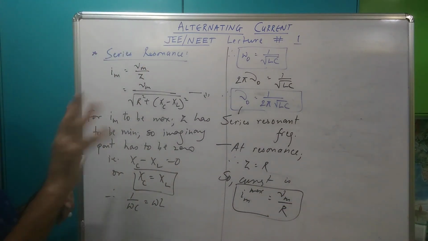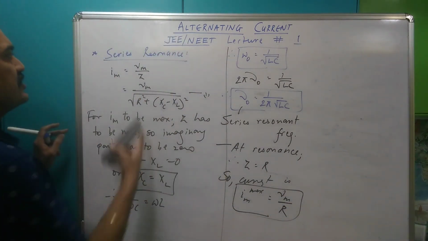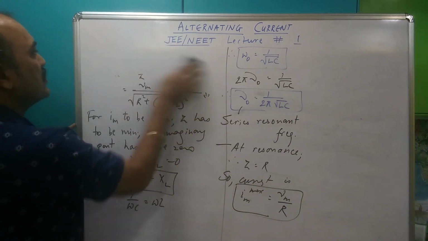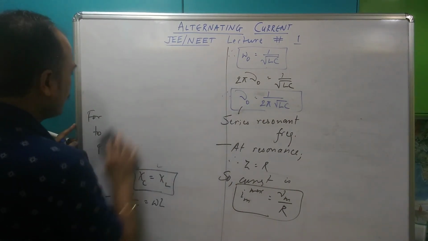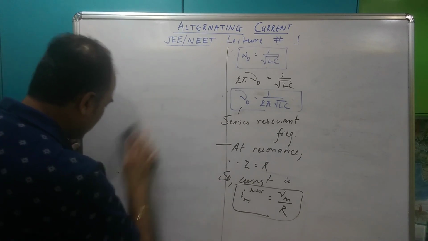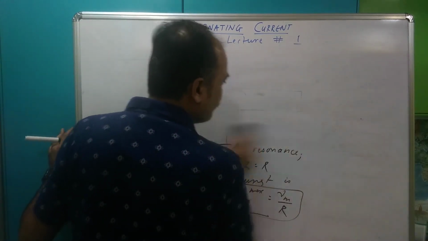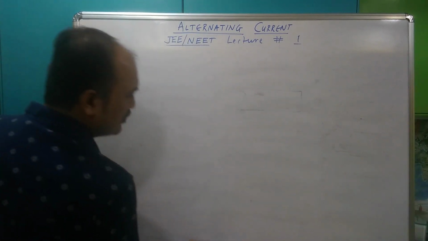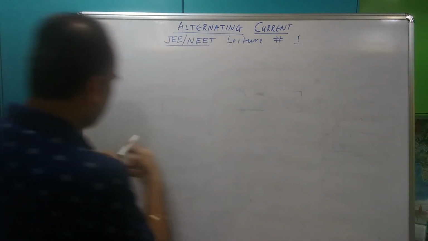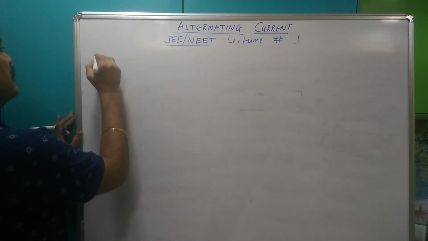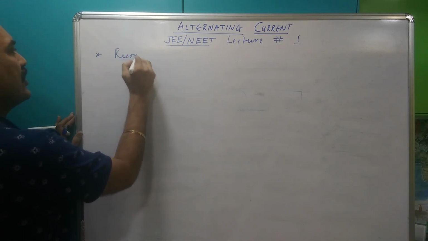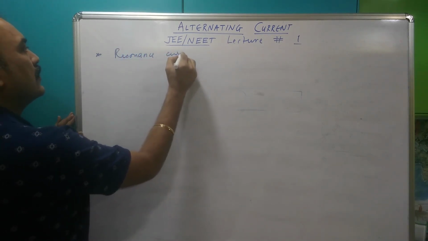Now let us go to the sharpness of resonance. So this was resonance. The sharpness of the resonance curve. I will draw the resonance curve and we'll see that at omega 0 the current is max, and as a result the power is also max. So sharpness of resonance or resonance curve.